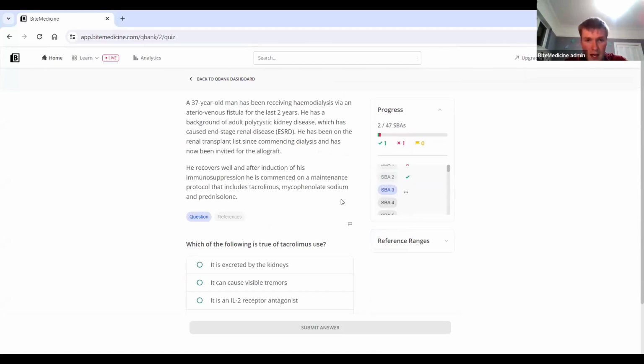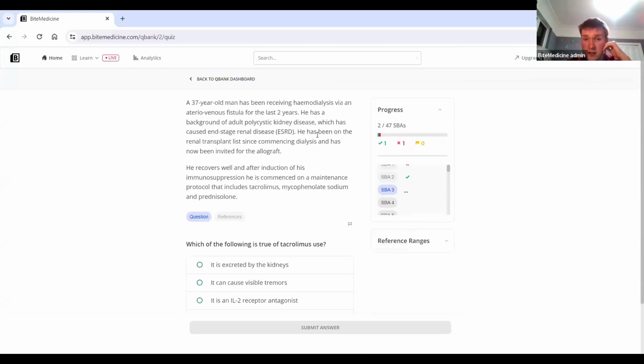37-year-old man has been receiving hemodialysis via an AV fistula for the last 2 years. And if we look at the question, it's saying which of the following is true of tacrolimus use. So we're thinking tacrolimus is an immunosuppressant. We're thinking this is probably going to be a renal transplant question. So he has a background of adult polycystic kidney disease causing end-stage renal disease.